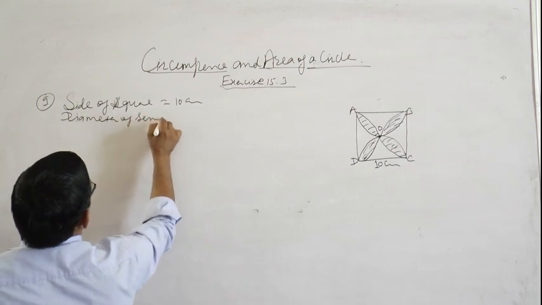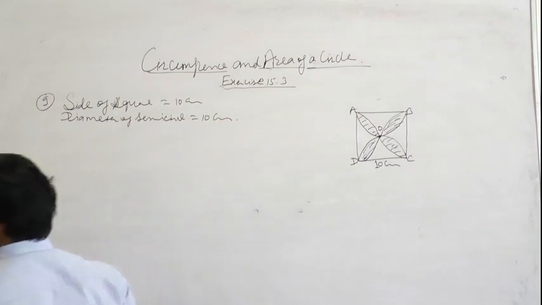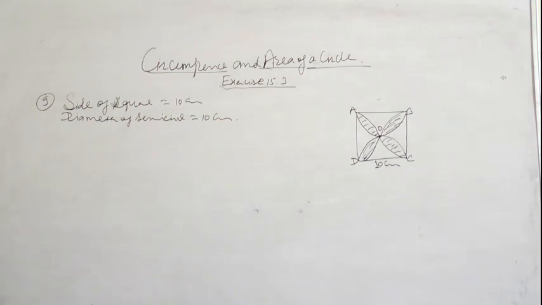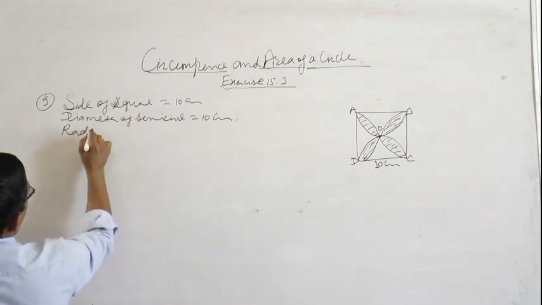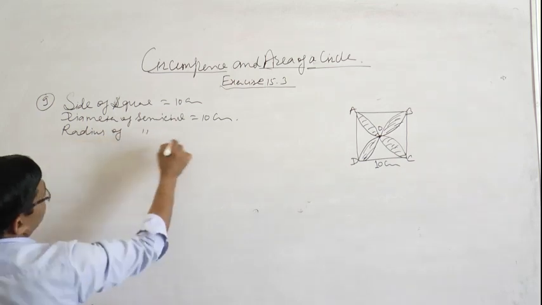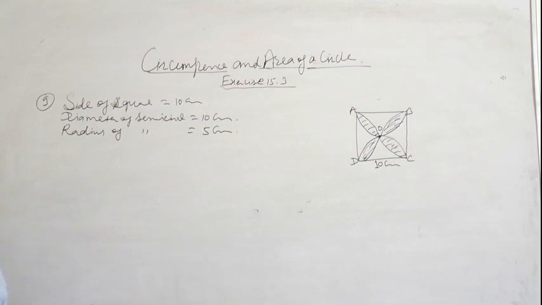Diameter of semicircle is also 10 centimeter. Radius of semicircle is 5 centimeter, because diameter is the double of radius.